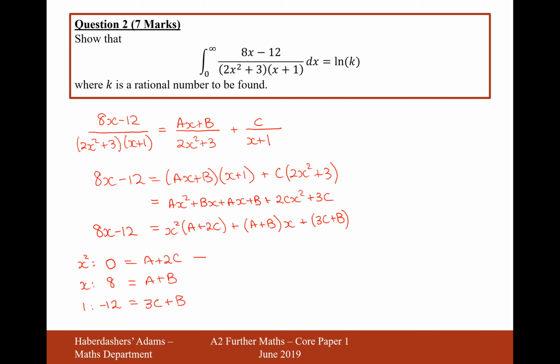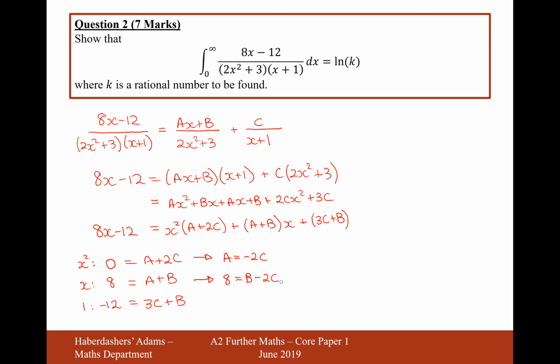Okay, so this now needs solving. What I could do here is say that a is equal to minus 2c, and then substitute that into this expression here. So that's going to be 8 equals b minus 2c.